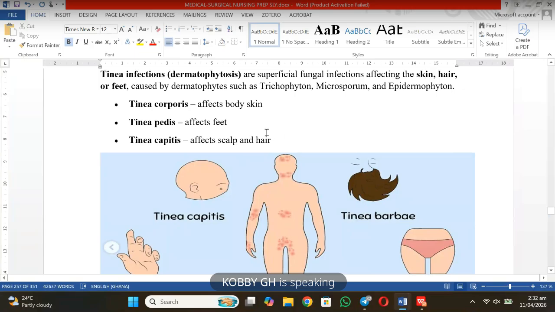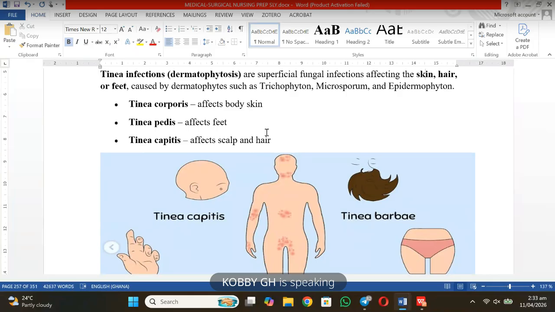Pay attention, remember that tinea infections are fungal infections. So the moment an examiner is talking about any skin infection caused by a fungal agent, quickly start thinking about tinea. Fungal infection of the skin, think about tinea.